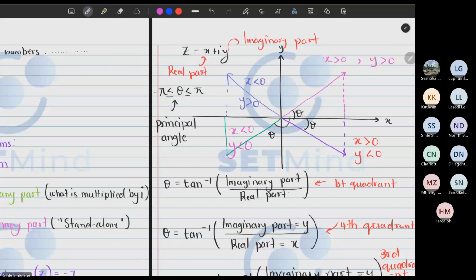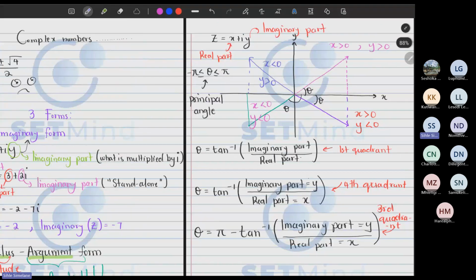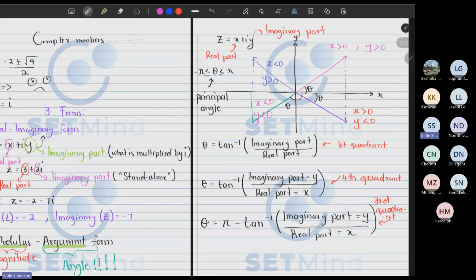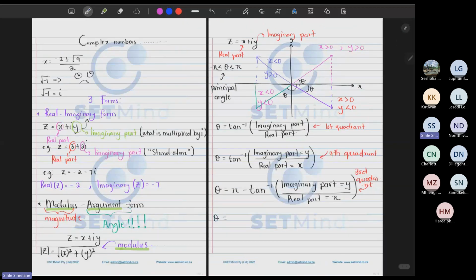And then in the second quadrant, our theta, which is our argument, very important, will always be given by pi plus the arctan of the imaginary part, which is y, divided by the real part, which is x.